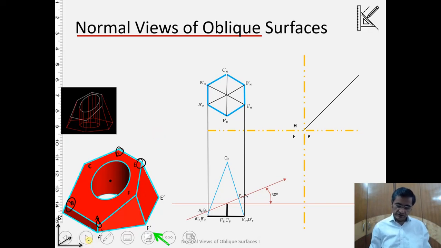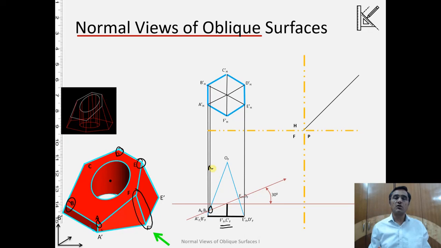And of course, this is corresponding to the central line. Central line means along this. That's why it is F and C. Now notice this. I'm drawing the projector to the horizontal from here, and I know how the view will be on the horizontal because I have already drawn it.